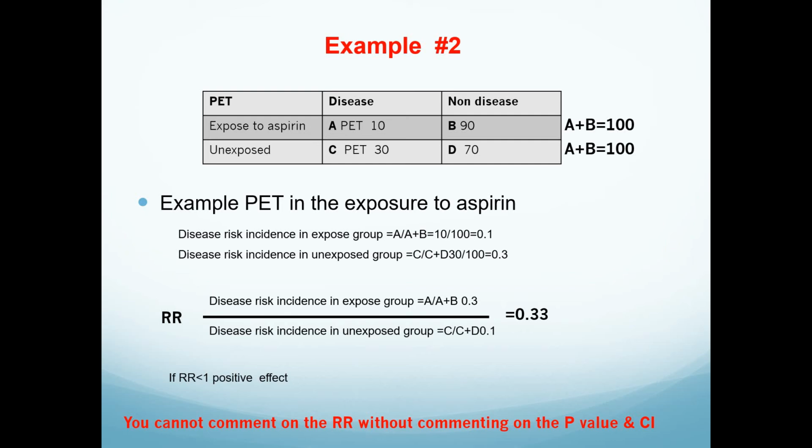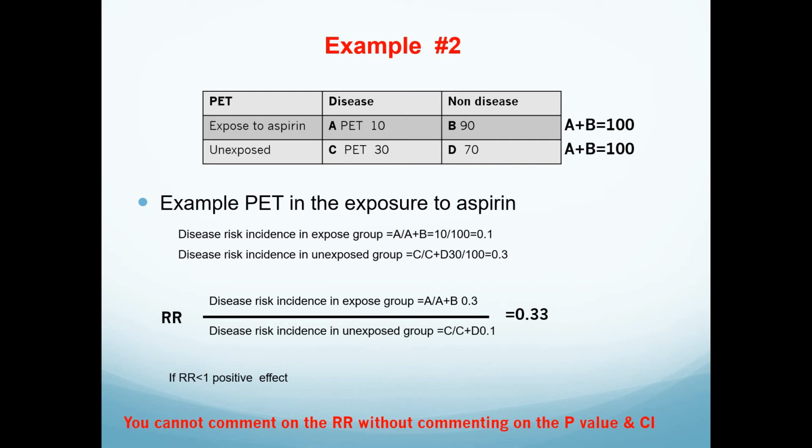In this example, we found that 10 patients developed BET in the exposed group, which is 10%, and we have 30% who developed BET in the non-exposed group.